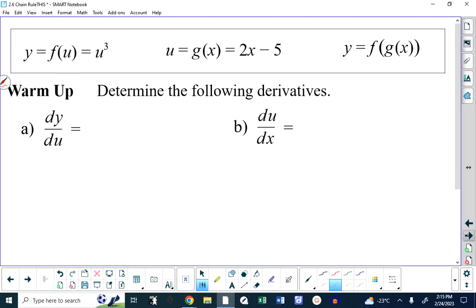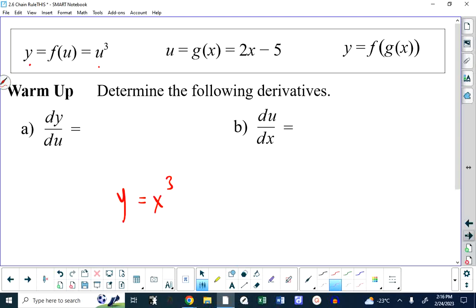So what are we going to do with this? We're going to find dy du, and this is the first time we've been asked to find a derivative with respect to something that's not x. Okay? But please don't write what I'm about to write down, because I don't want to mislead you. If I told you instead of y equals u cubed, if I said y equals x cubed, and the reason I don't want you to write it down is that's just not the case.